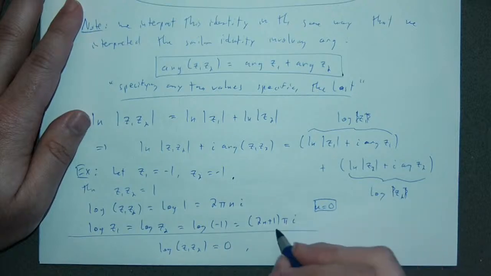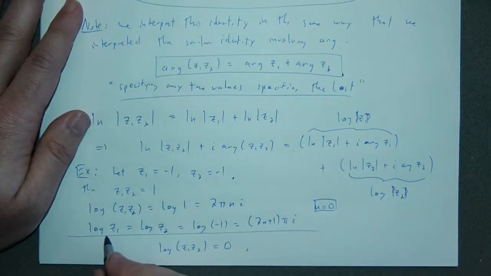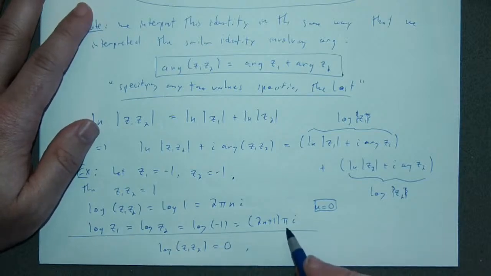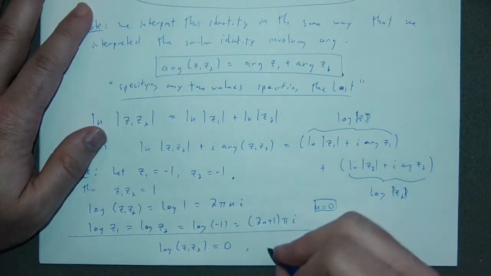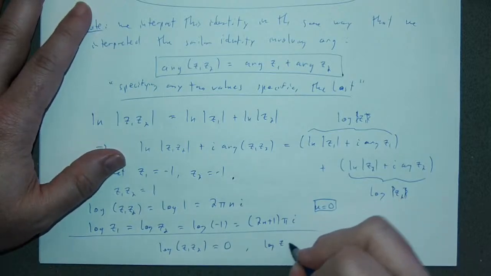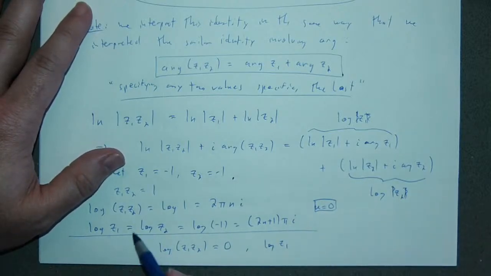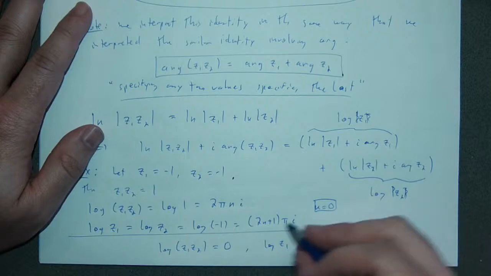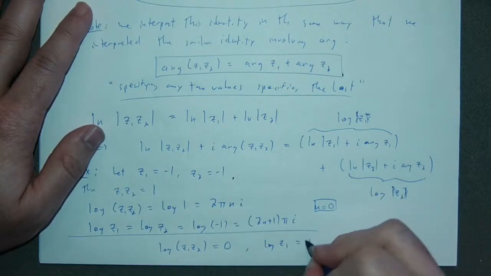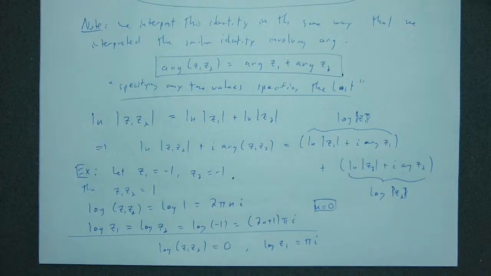And this would make log of z sub 1 and z sub 2 equal to pi i. So then log of z sub 1, for instance, we'll say that's the one I chose, the log of z sub 1 is equal to pi i.